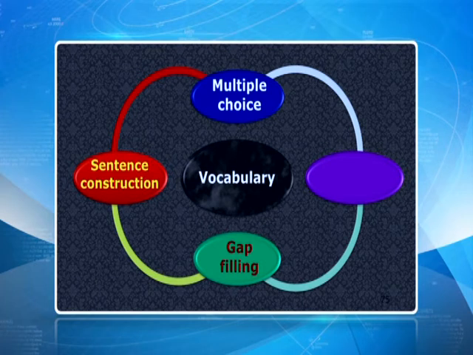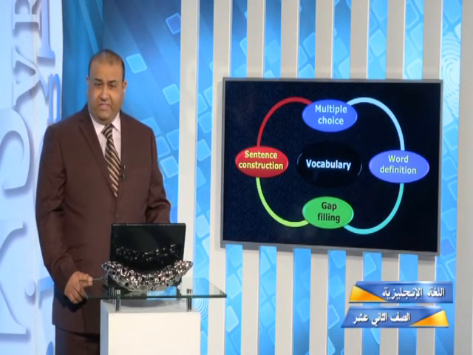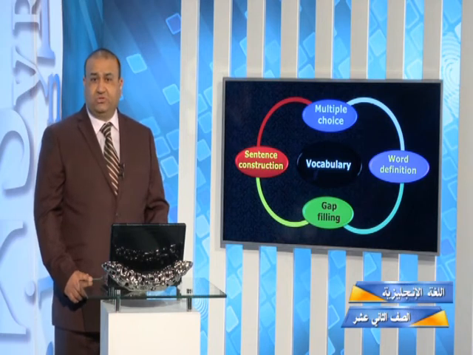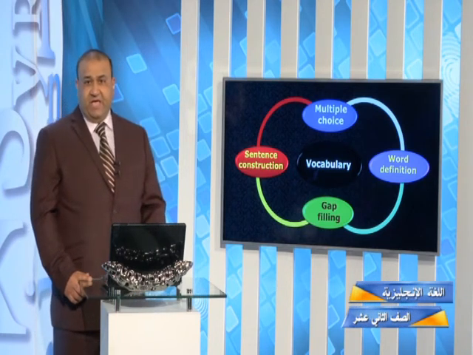Then we'll have sentence construction, in which you are given 4 or 5 words in order to put each word in a meaningful and correct sentence. The last task is word definition, in which you will have only one underlined word in the sentence, in order to choose its definition among 4 choices, A, B, C, and D.